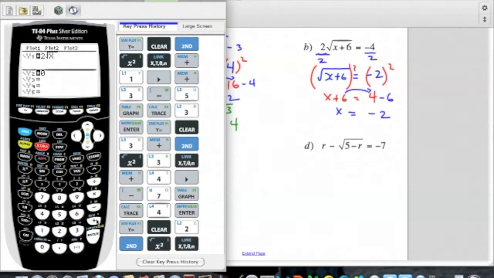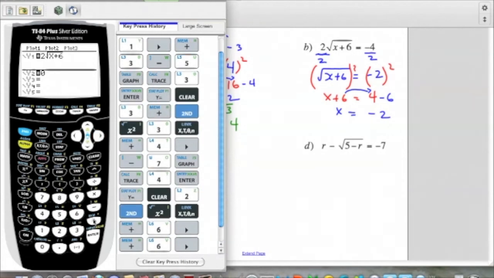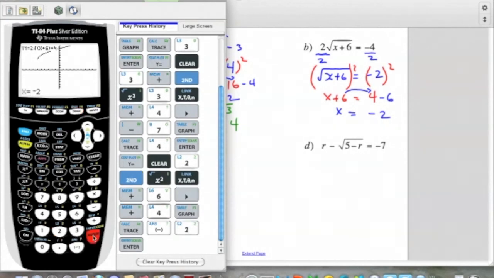Now we move the negative 4 over, and that becomes positive 4 on that side. And we got our 0 in there, so very important. Hit graph. Now we do a trace, because our answer was negative 2, and hit enter.